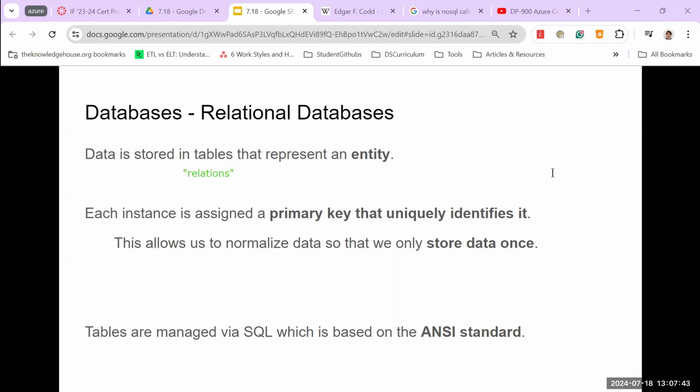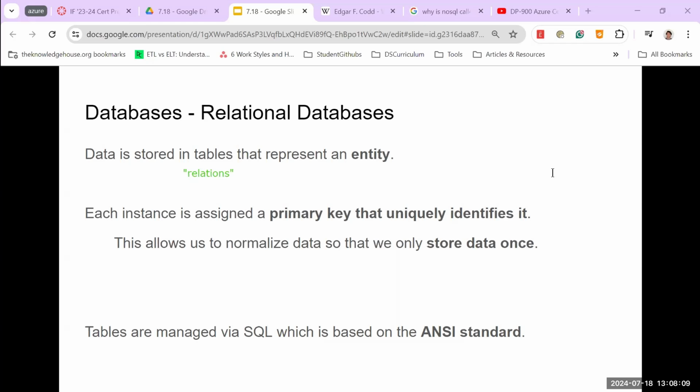So data is stored in a table, and each row essentially represents an entity or an event, or basically some discrete object or thing that we're trying to record. Maybe it's a customer. Maybe it's an item that's available for purchase. Maybe it's a weather event, something along those lines.